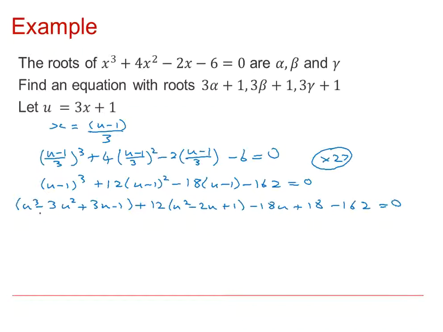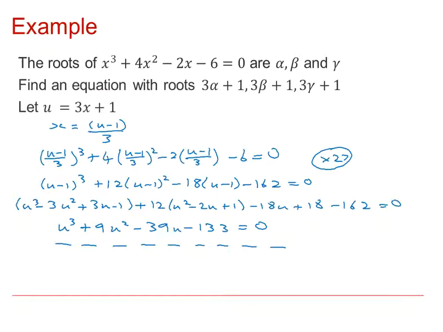And now if we collect like terms together, there's 1 u cubed, 9 u squared, minus 39 u, minus 133 equals 0. And just to clarify this final step, that is a perfectly satisfactory solution to the problem. That cubic equation in u would have roots 3 alpha plus 1, 3 beta plus 1, 3 gamma plus 1.